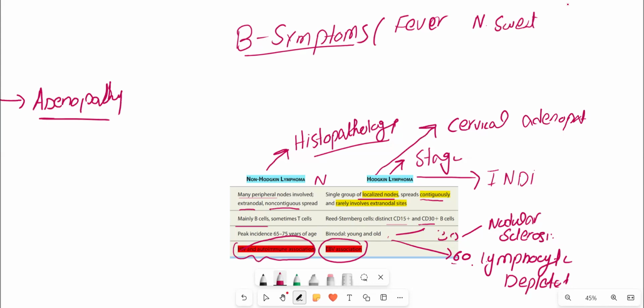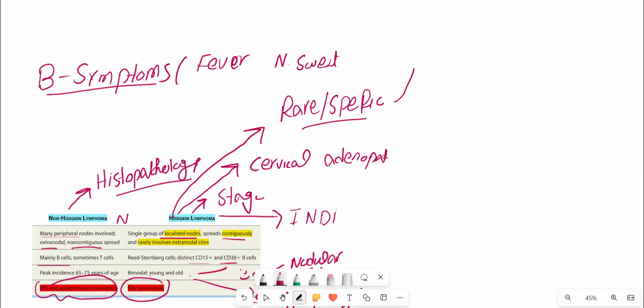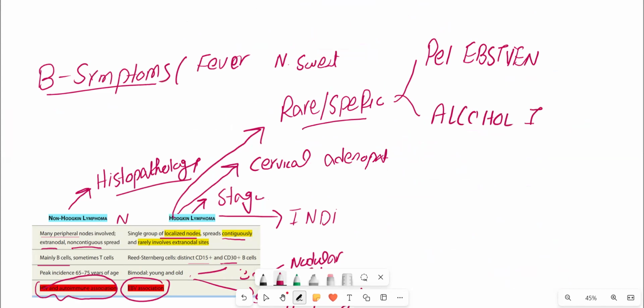Another important difference, rare but very specific to Hodgkin lymphoma, is Pel-Ebstein fever and alcohol-induced nodal site pain.